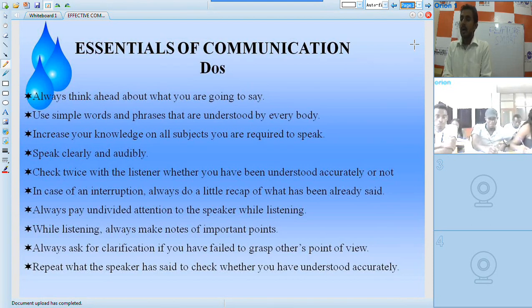While listening, always make notes of important points. While listening to others or the lecturer during class or in a meeting in an organization, you need to note down the important points spoken by the speakers.